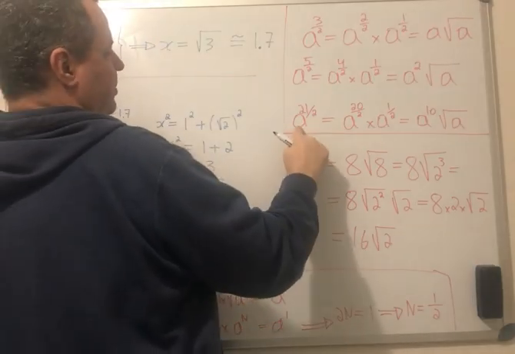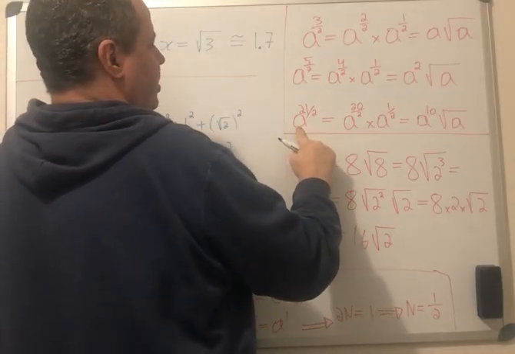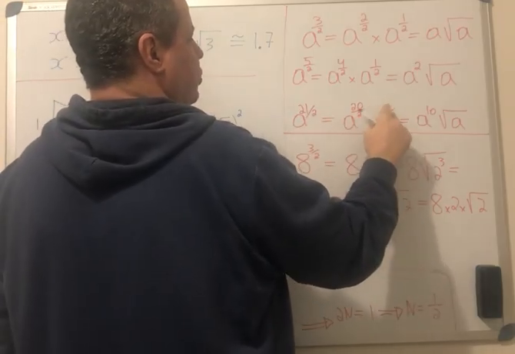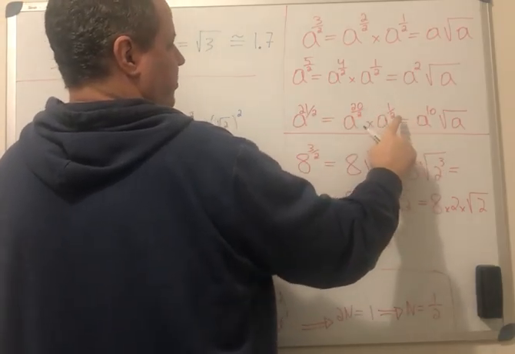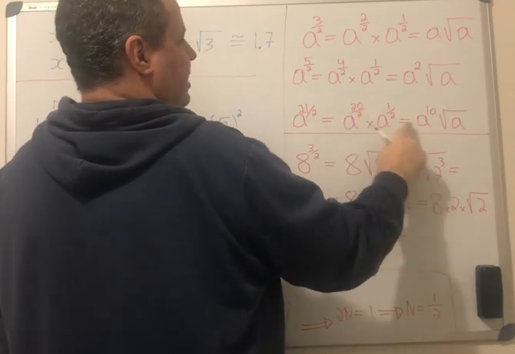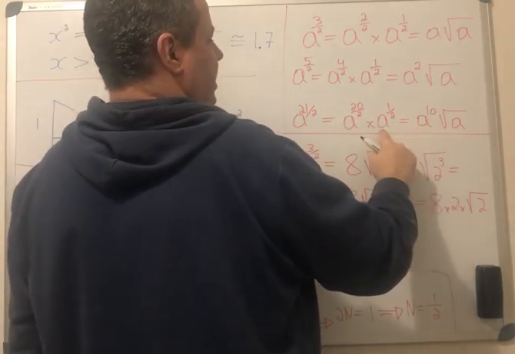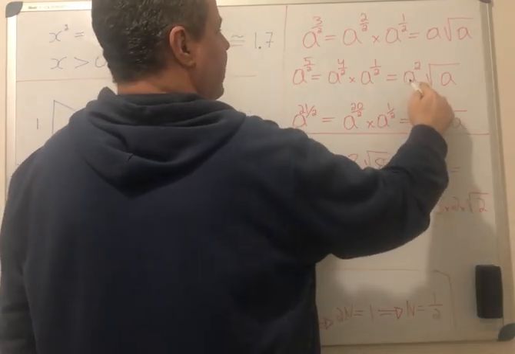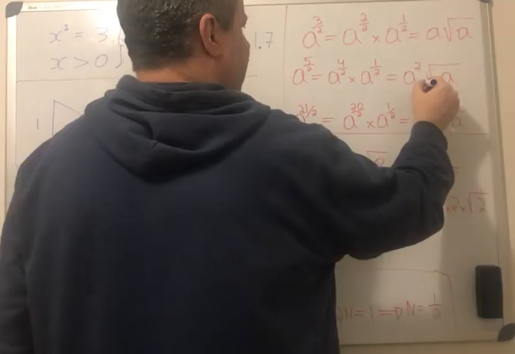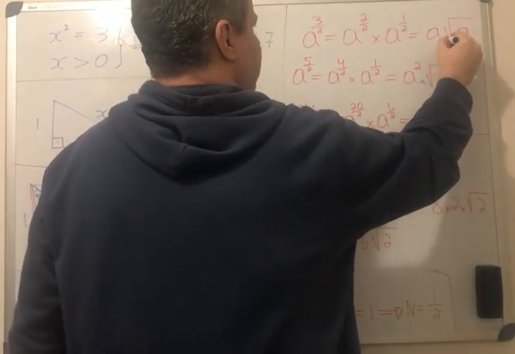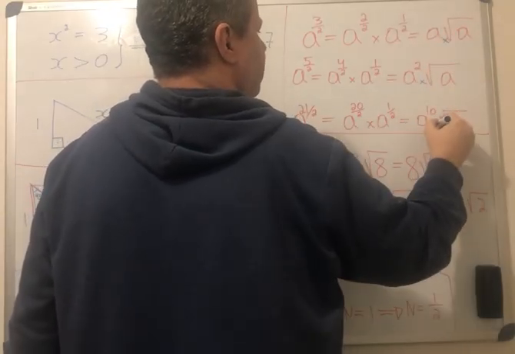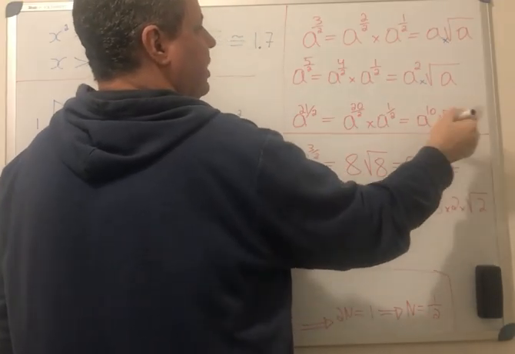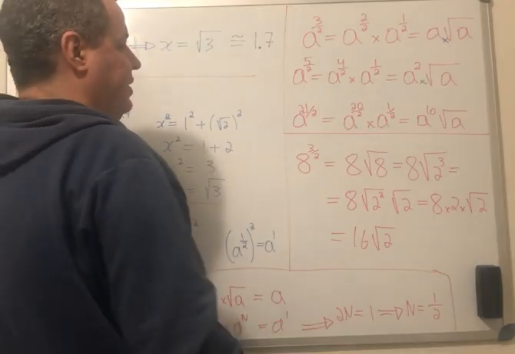In general, you can do that for larger numbers. a to the power 21 over 2. 21 over 2 equals 20 over 2 plus 1 over 2. 20 over 2 is 10. a to the power 10. a to the power 1 half is just the square root. And here I don't put anything, but when I don't put any symbol, it means I'm multiplying the things.